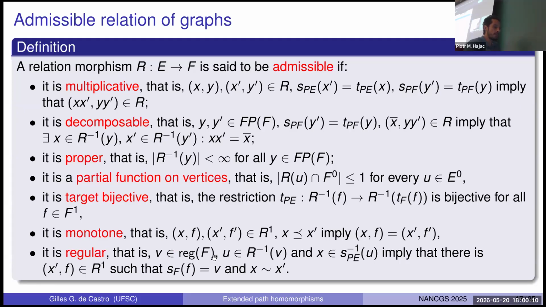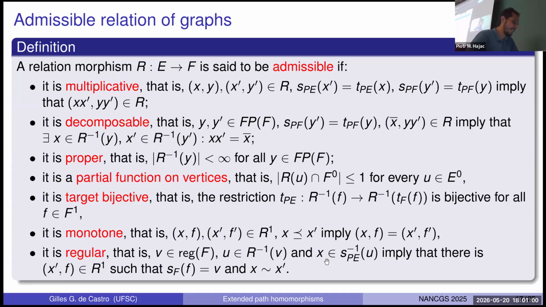Whenever you have a regular vertex V, and you have anything which is in the preimage of V, and then you have a path step of this element U, which is in the preimage of V, then this X must be comparable to some X prime which is related to an edge F, which starts in V. So in a way, the paths that are related to edges leaving from V must be covers, but now we do not have only one vertex, we have several vertices here in the preimage, but for each vertex we need this cover.